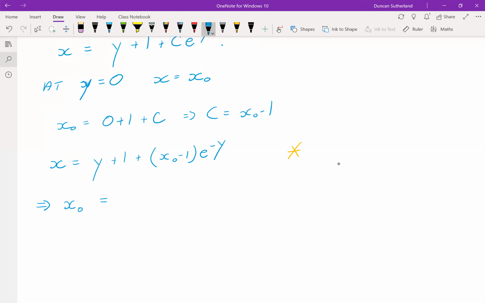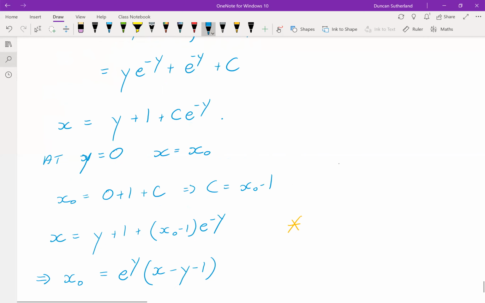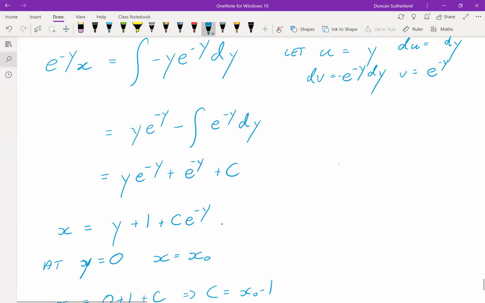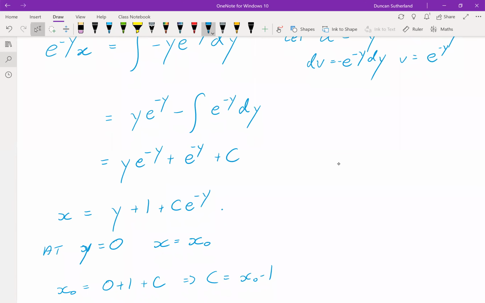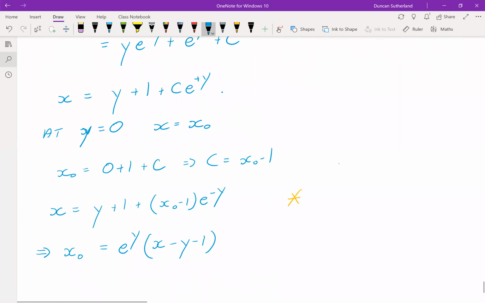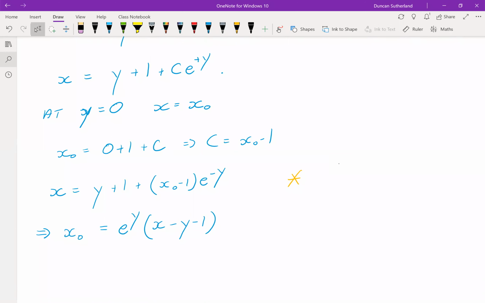So let's just rearrange for that now. I feel like there's a sign error. There is. I was supposed to divide by e to the minus y. That means that becomes a plus. When I divide that through, I should get e to the y. So this should be a plus and this should be a minus.